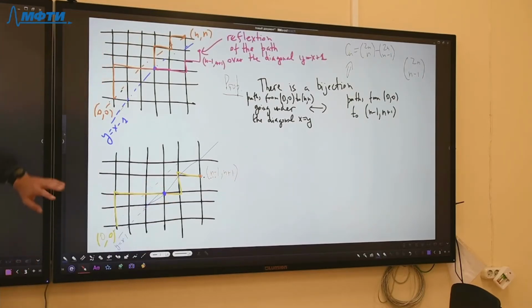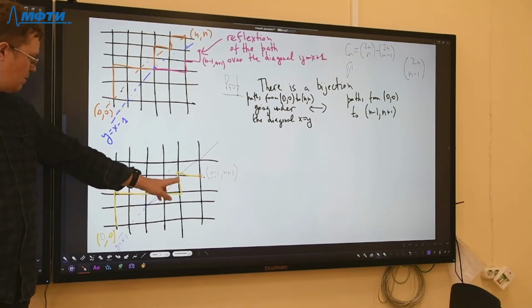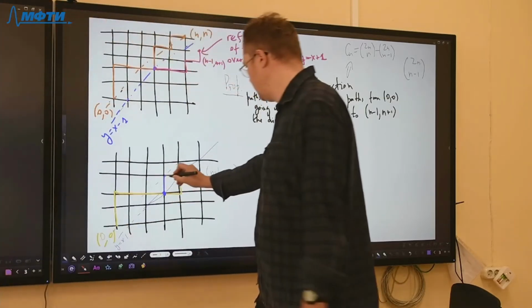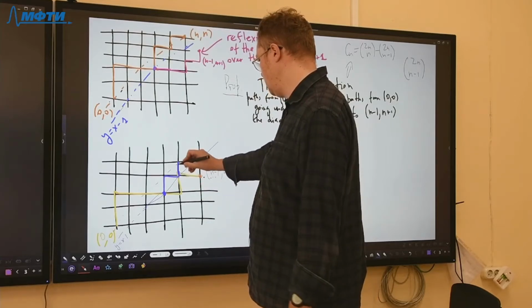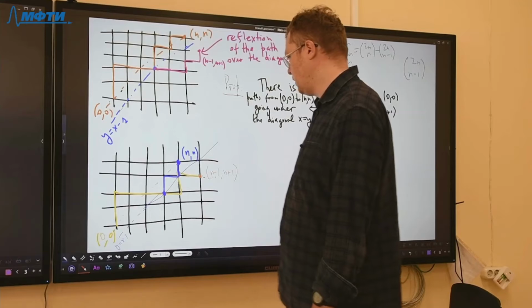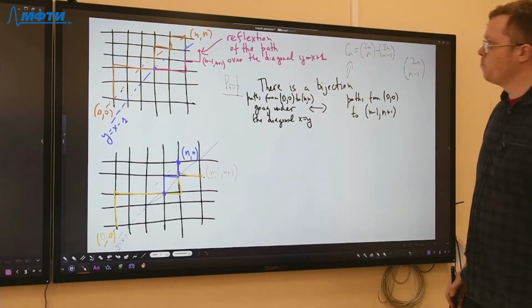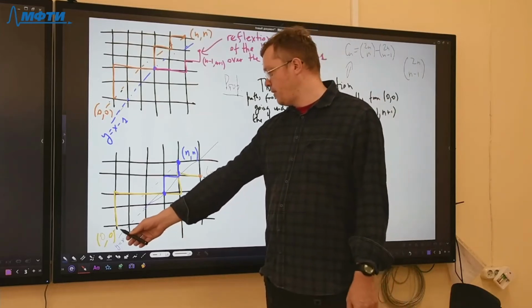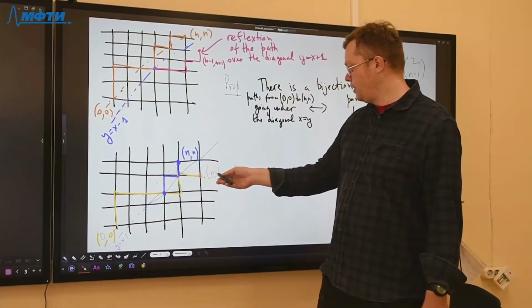And we reflect the path after this intersection by this diagonal. So we get something like this. And so this is the path from 0, 0 to n, n. So each path from 0, 0 to n minus 1, n plus 1 will intersect the diagonal.